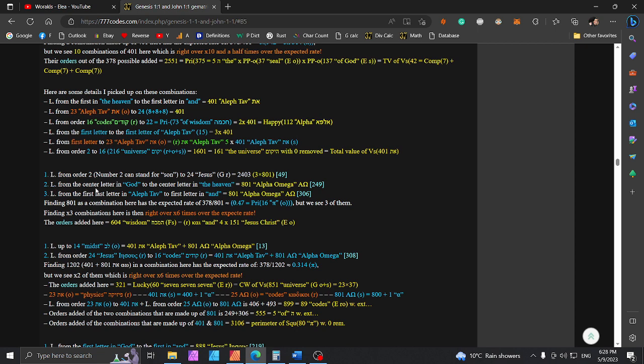And we find alpha and omega in 3 letter combinations of this verse. The expected rate of alpha and omegas we expect to find is 0.47, and 47 is equal to prime number 16.